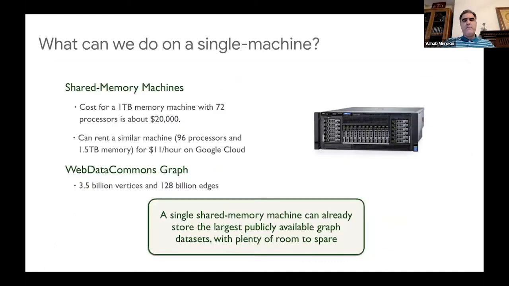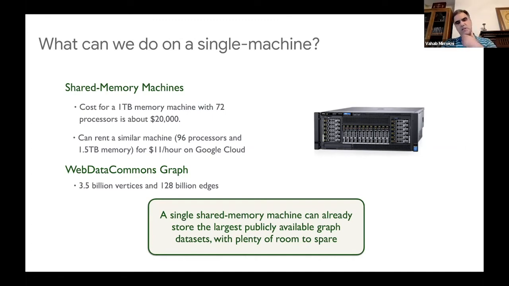The shared memory model is of interest when we have a single machine with very big memory and many processors. These types of machines are becoming more and more available on the cloud and in general. For example, we can have very cost-effective machines with 72 processors and terabytes of memory.